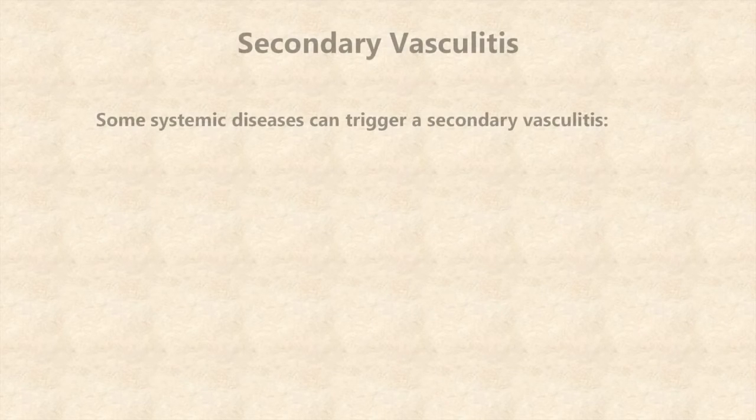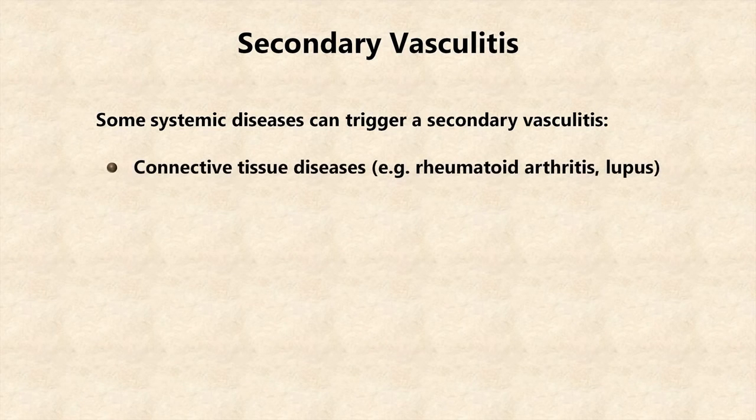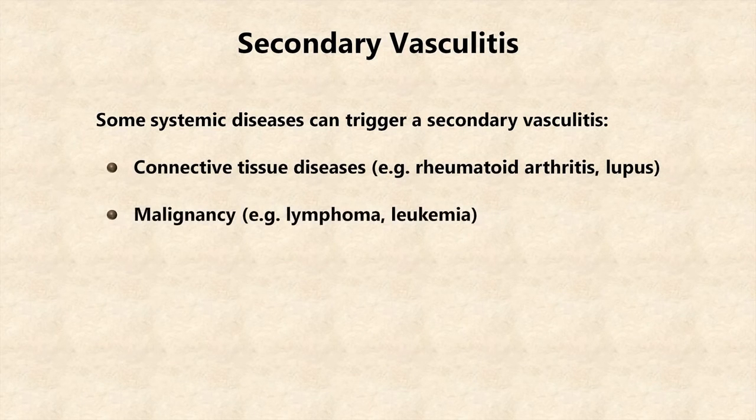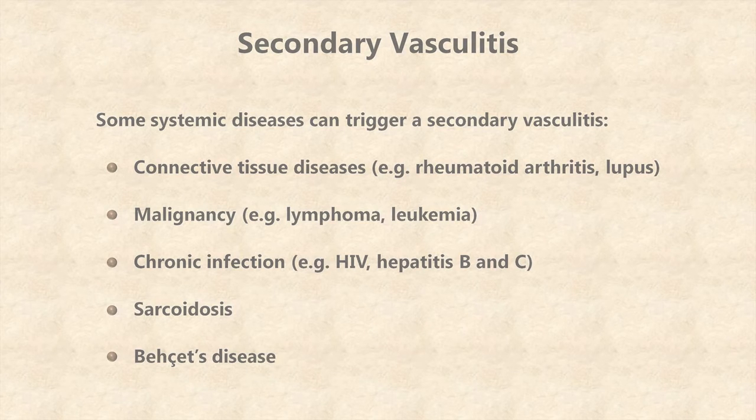In addition to the types of primary vasculitis just listed, some systemic diseases can trigger a secondary vasculitis. For example, connective tissue diseases, malignancy, chronic infection, sarcoidosis, and Behçet's disease, the last of which is often considered a primary vasculitis itself.